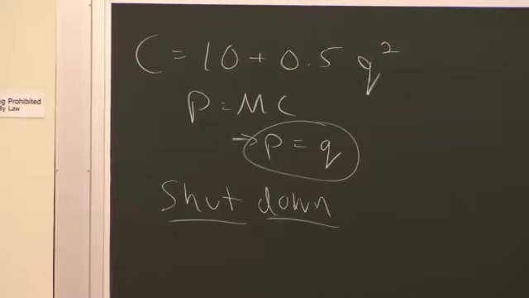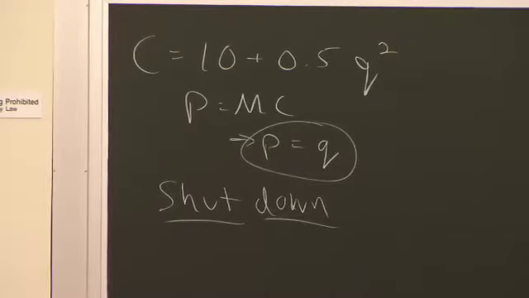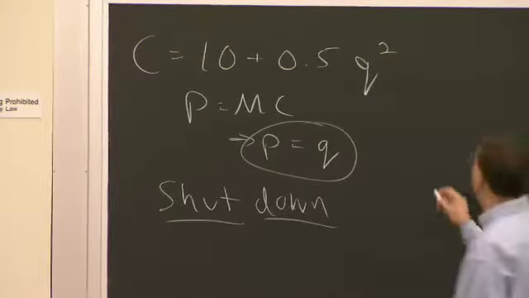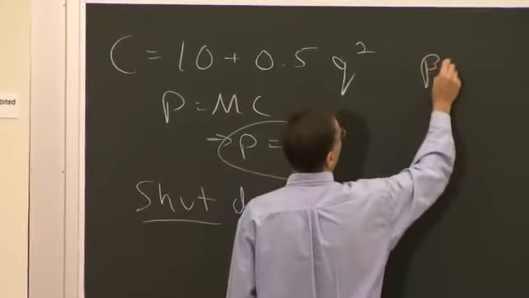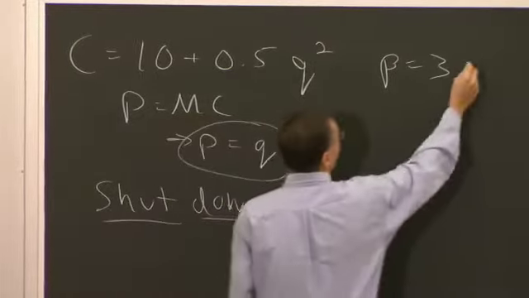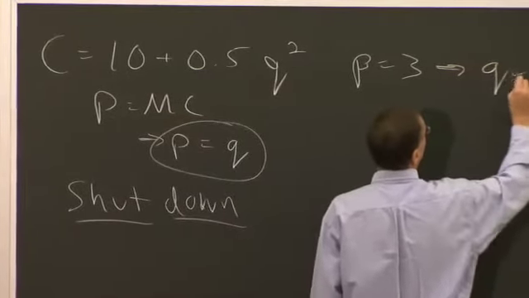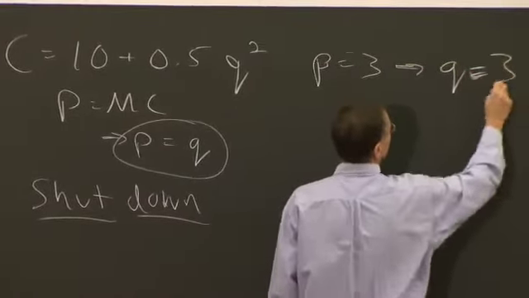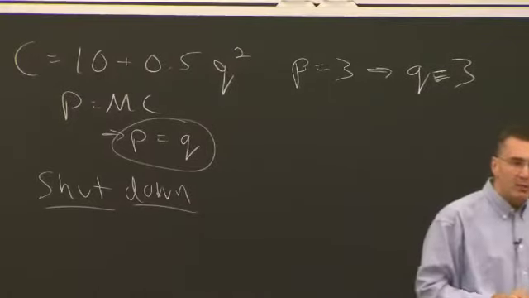So for example, imagine the price fell from 6 to 3. If the price equals 3, the firm will choose to produce 3 units because it will still follow the profit maximizing condition.